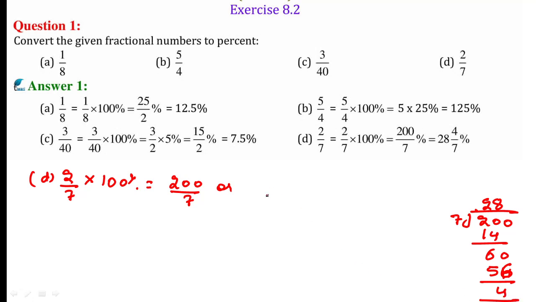So the denominator 7 is written as it is, the quotient 28 is written as the whole number, and the remainder 4 is written in the numerator. So this is the required percentage.